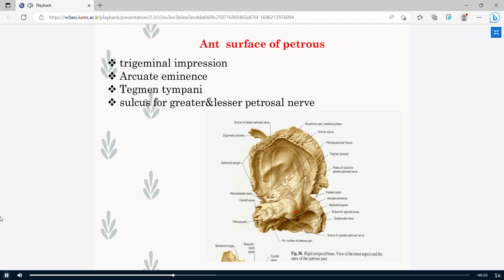And finally, on the anterior surface of the petrous, there are two sulci: sulcus for the greater petrosal nerve, and sulcus for the lesser petrosal nerve. The sulcus for the greater petrosal nerve is located medially, but the sulcus for the lesser petrosal nerve is located laterally. It's here.